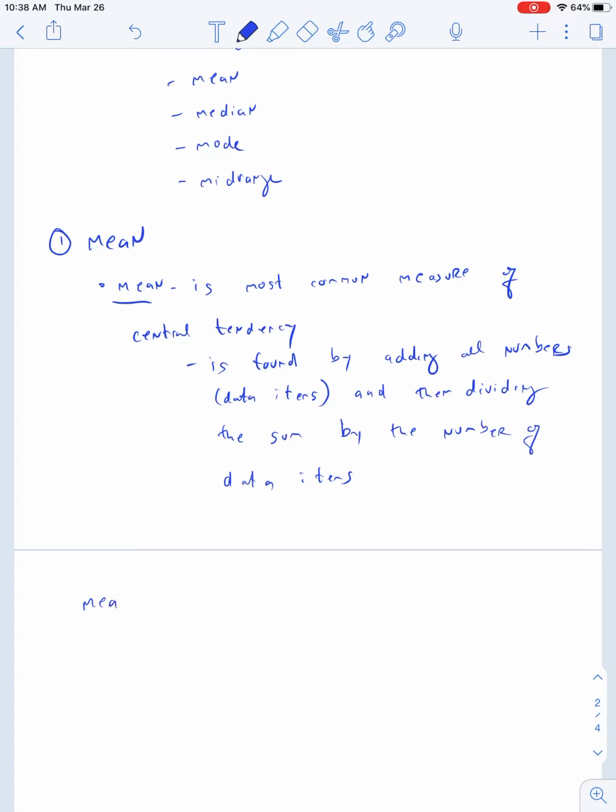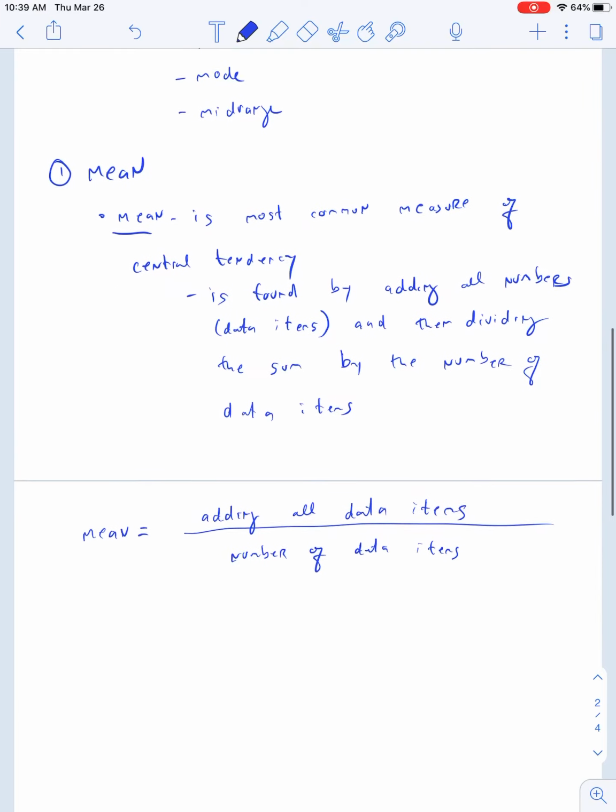We say that the mean is found by adding all the data items and then dividing that sum by the number of data items.